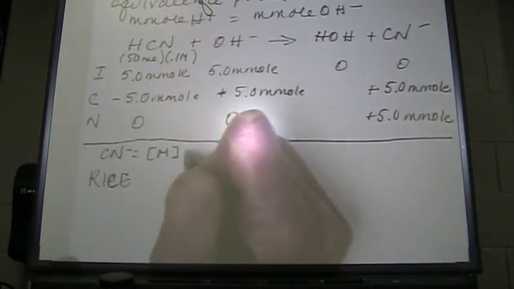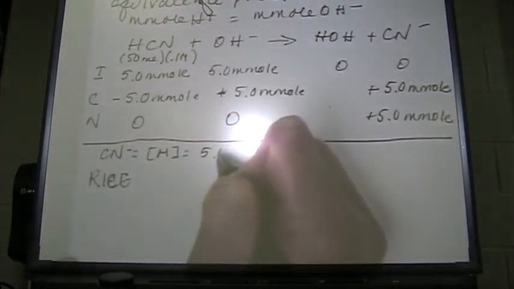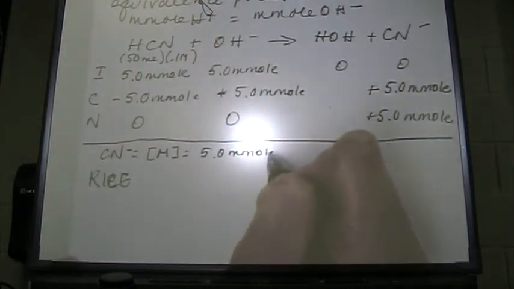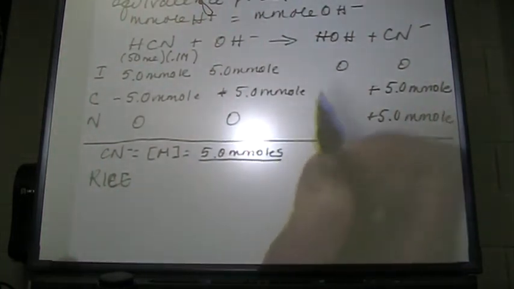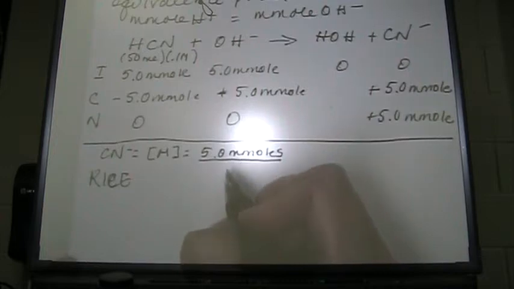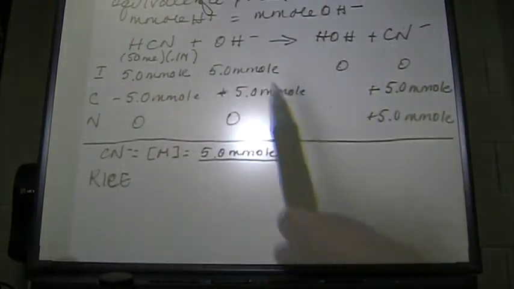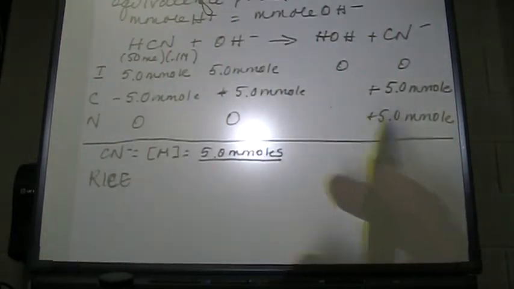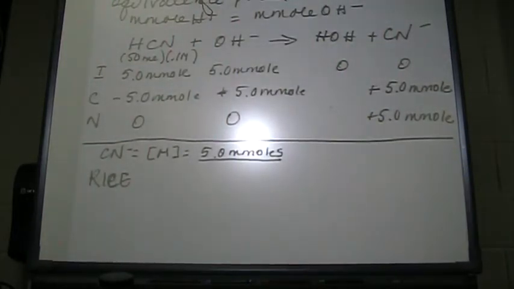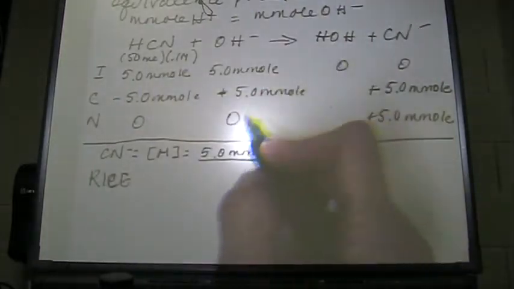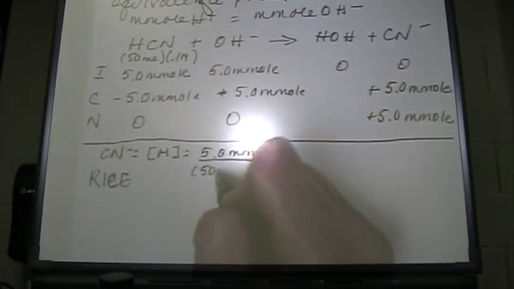So its molarity is equal to the number of millimoles divided by the total volume of solution. Do you know the total volume? Sort of. You know how much of the acid you added, 50.